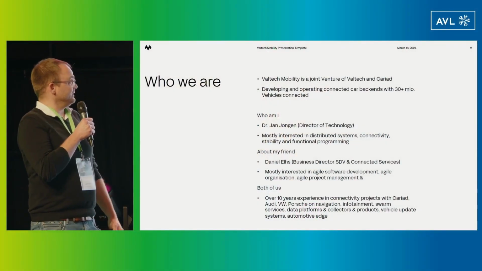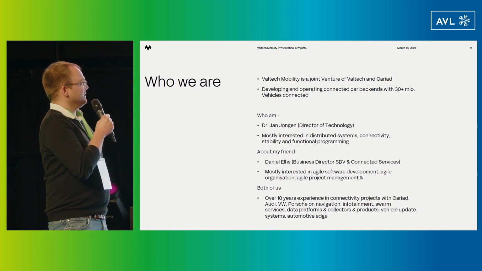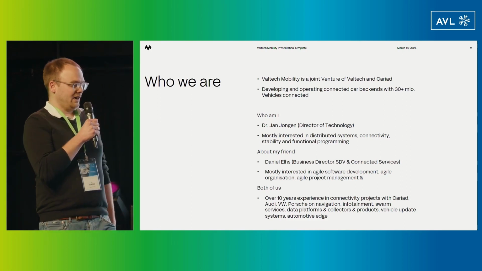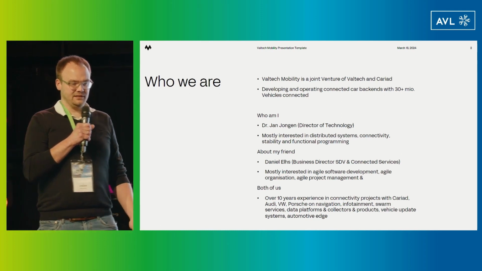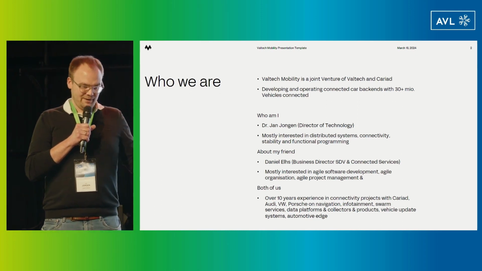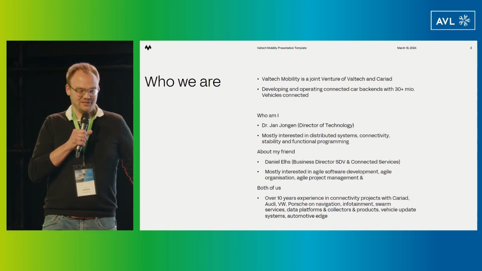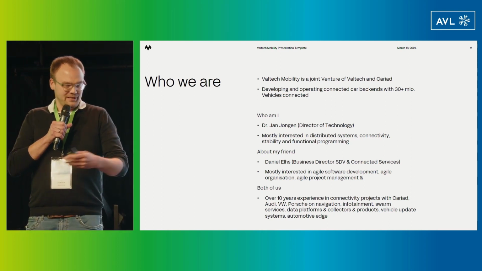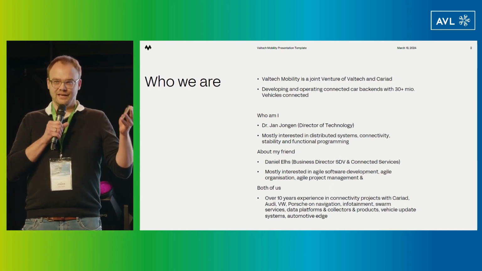So basically, who are we? We are Waldtech Mobility, a joint venture of Waldtech and Carriot. We are developing and operating connected car backend systems with around 30 million connected vehicles. I'm Jan, and I will give the talk, and I have my friend Daniel with me on stage. He's mostly interested in the business processes, so we split it into two parts.